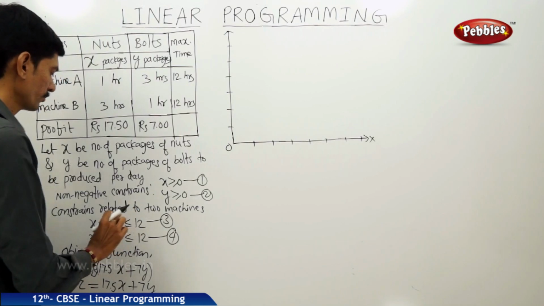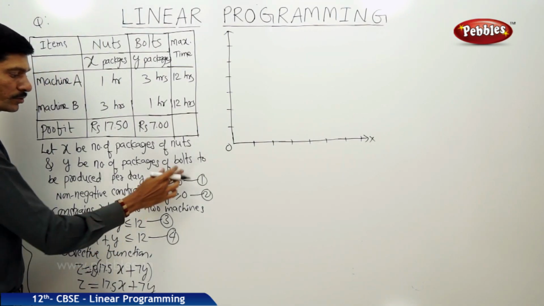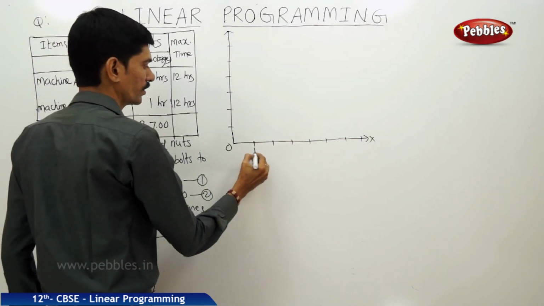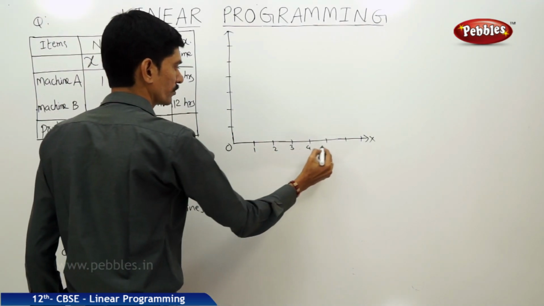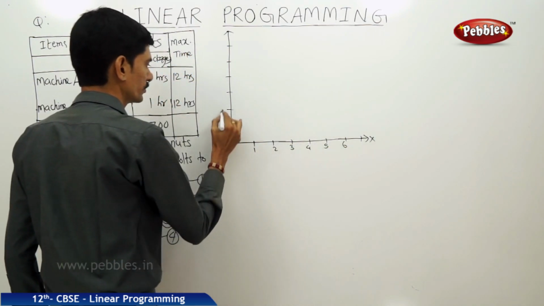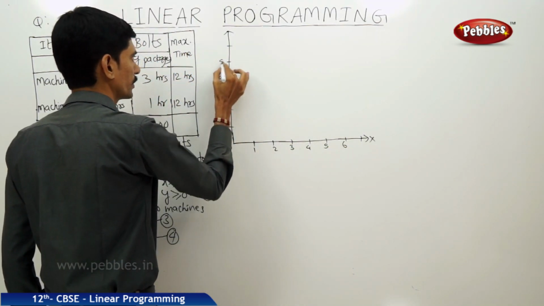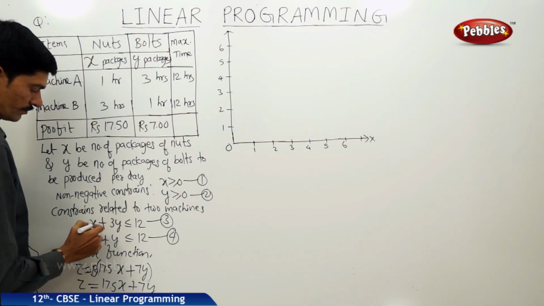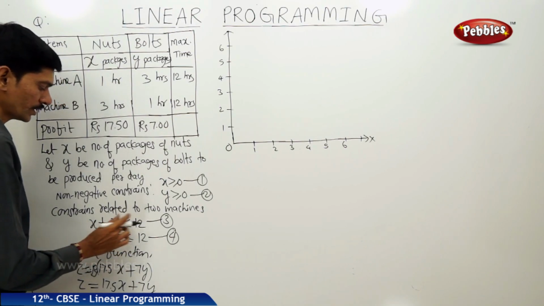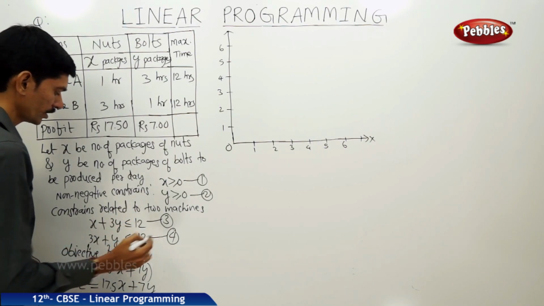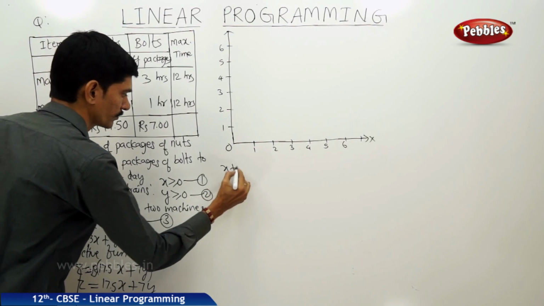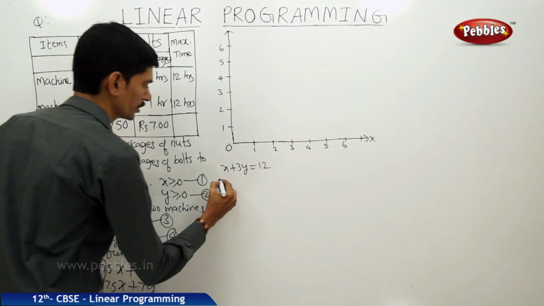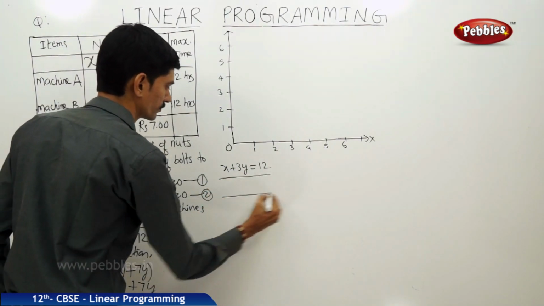For this, the first two inequations represent the first quadrant. So 0, 1, 2, 3, 4, 5, 6 on both axes. First we will draw the table of ordered pairs satisfying the third and fourth inequalities. X plus 3y equal to 12.